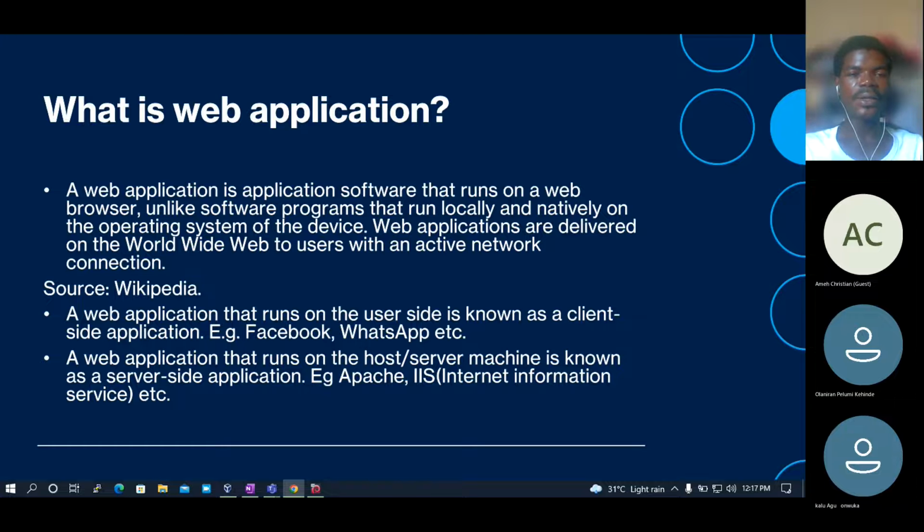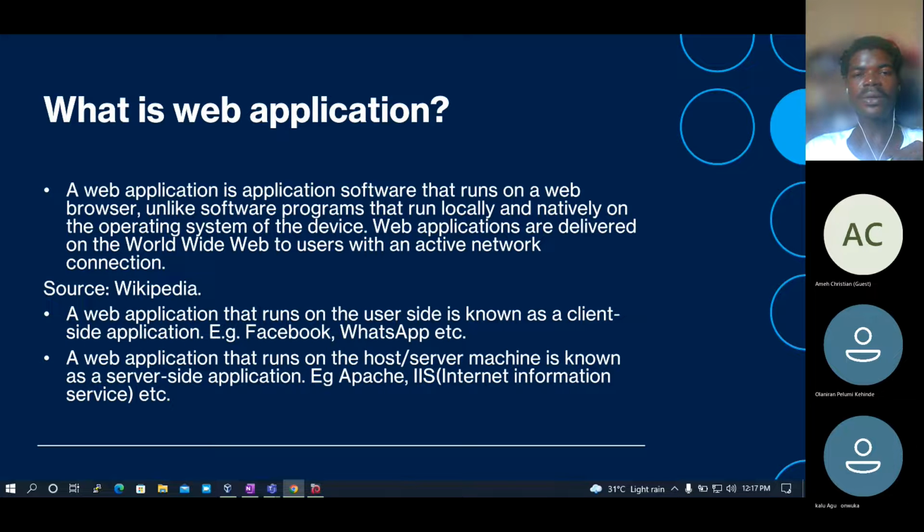As you said, a web application is an application software that runs on a web browser. In our past lecture, I think in the first session, I defined what a program or software means. A software is just a code, right? It is a code that has been programmed to solve a specific problem, right?